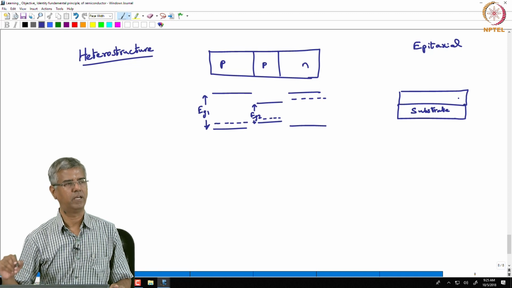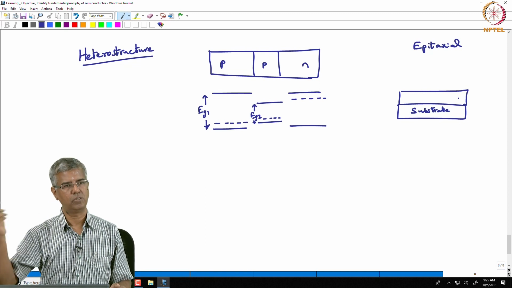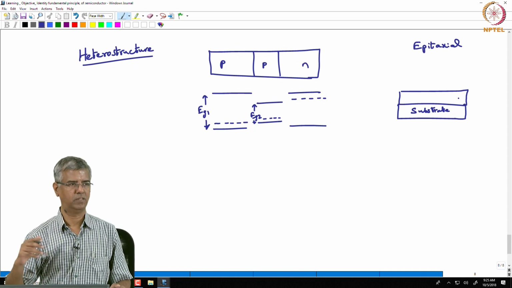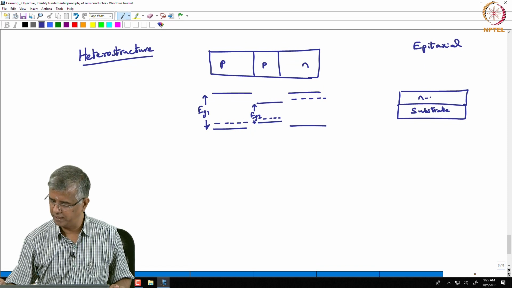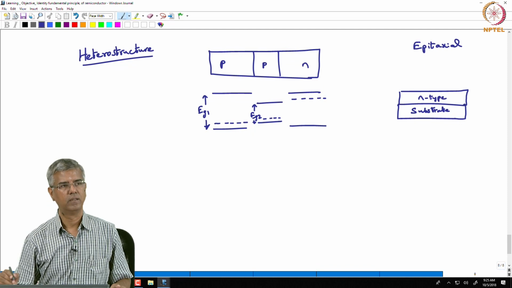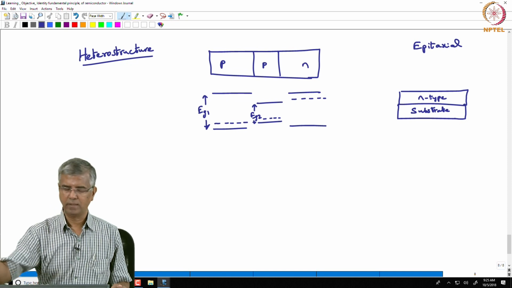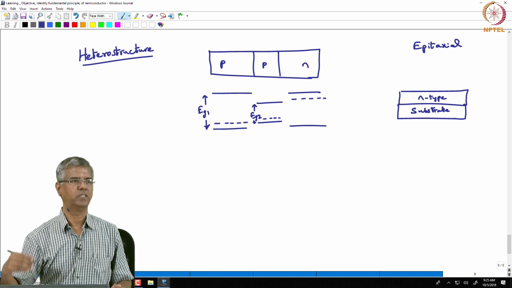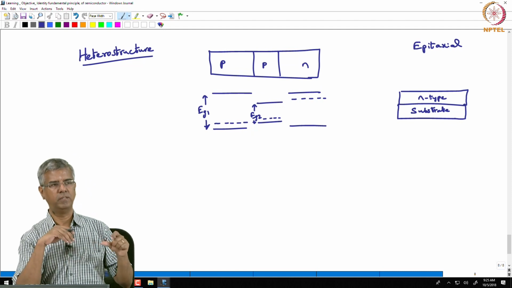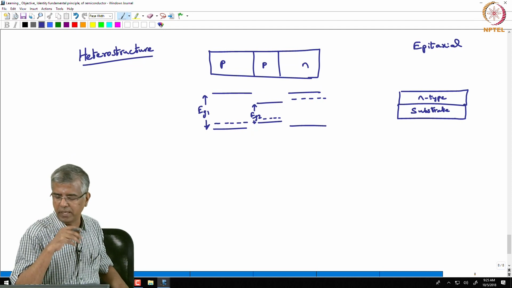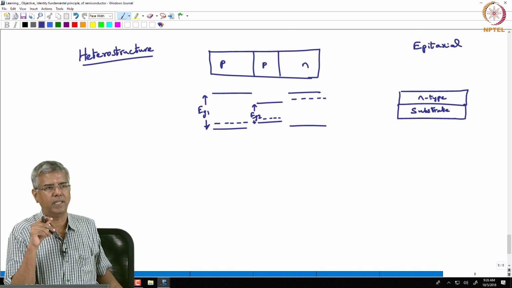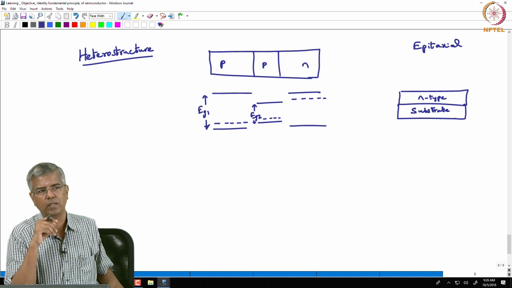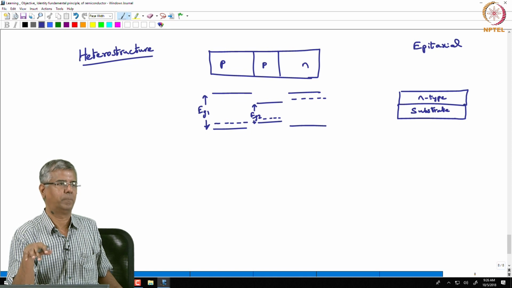And even as you are depositing silicon, you also allow phosphorus to come in and get deposited. So, you are making the N type, and you deposit up to a certain thickness, which is typically on the order of a few hundred nanometers or maybe even a micron, and once you achieve that thickness, then you stop that deposition.